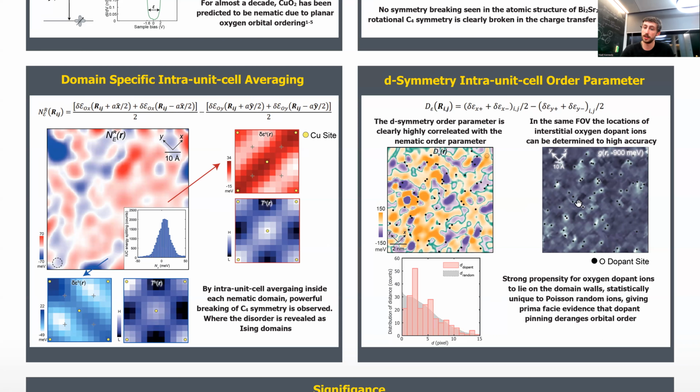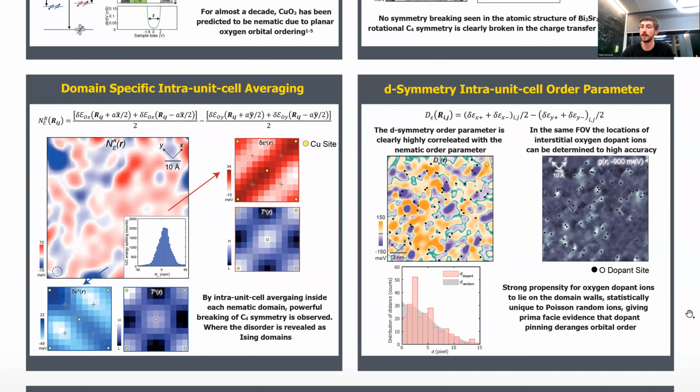But also, we notice something interesting here too, that at about minus 900 millielectron volts, you're able to see the interstitial oxygen dopant atoms, and you're able to pinpoint the location of these to very high precision. And even just by eye, it seems that these dopant atoms pin the domain walls of these nematic domains.